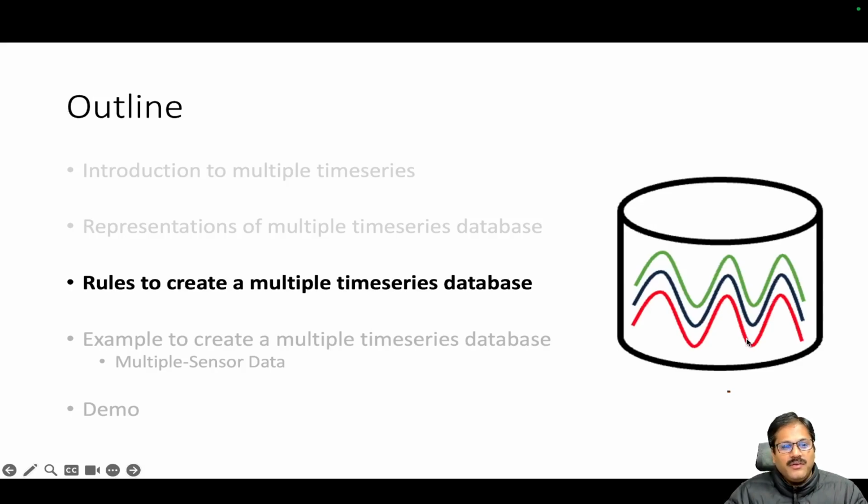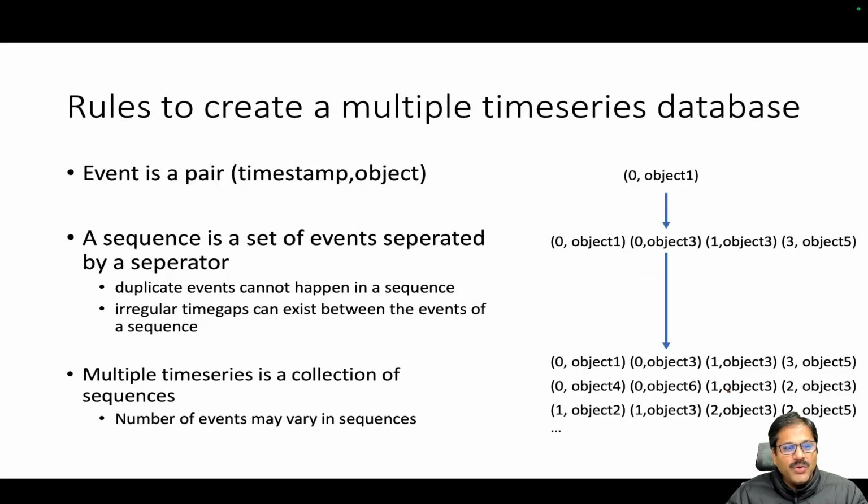So, the representation is fine, but if the user wants to create these multiple time series databases, the important question that comes to mind is what are the rules he has to follow. The user has to follow three simple rules.